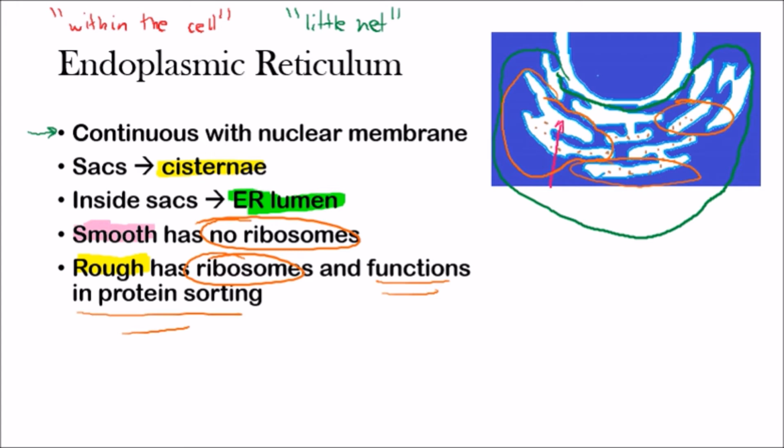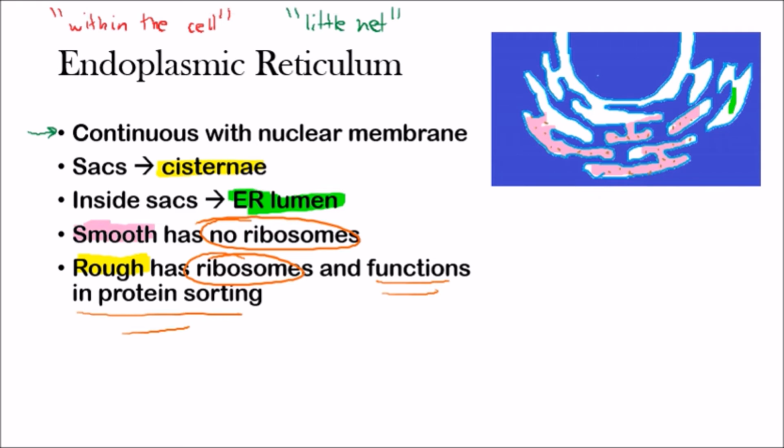So if you look at a diagram here, let me go ahead and erase all of this. The rough ER, if you notice here, has these little dots. Actually, let me go ahead and highlight, that might be easier. So all of this is rough ER over here because it has the ribosomes attached to it, which you can see as these little black brown dots.